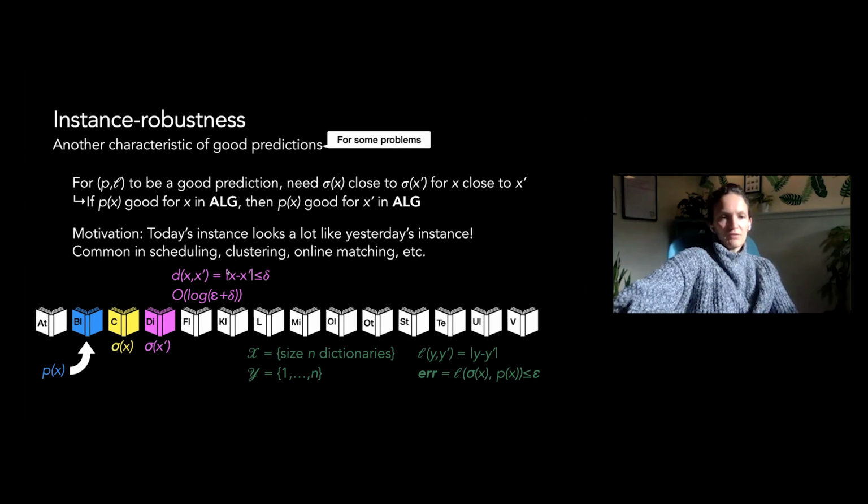If the difference between the instances is at most delta away, meaning the books are delta apart, then you could bound the runtime of your binary search by log of epsilon plus delta. Again, epsilon is the error between the prediction and the best quantity you could have, and delta is the remaining distance between the instances.